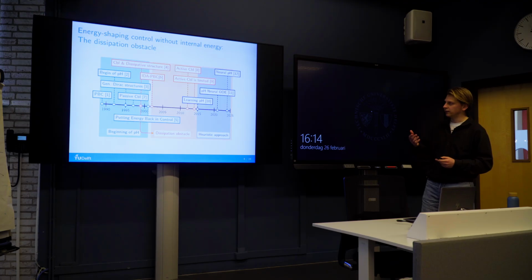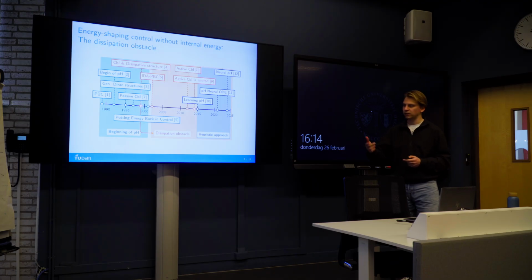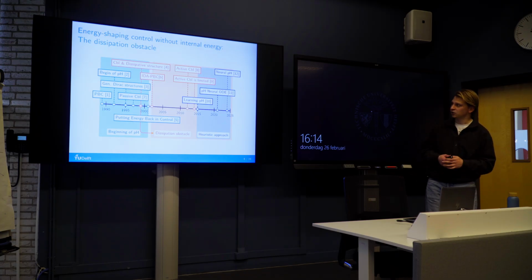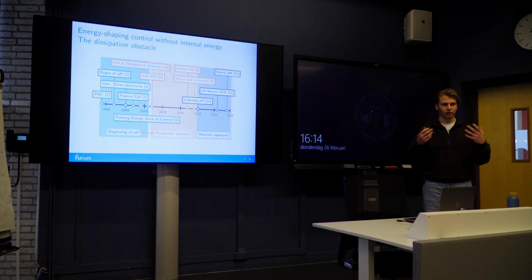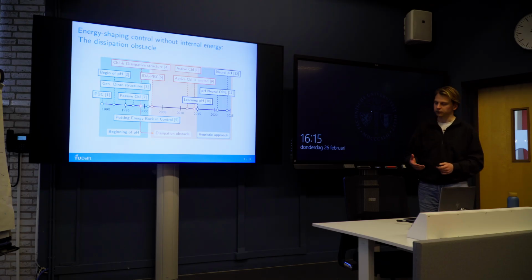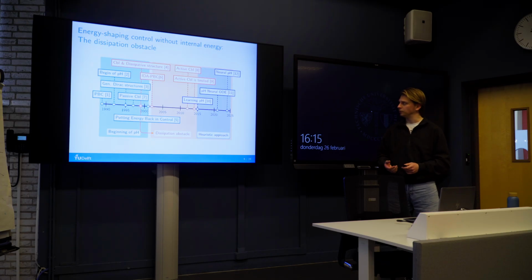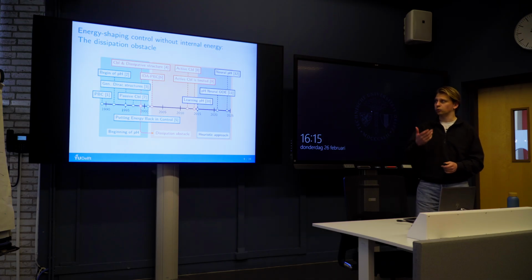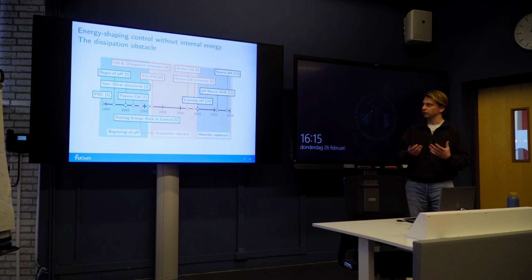They were noticing that their energy-based control methods, PBC, CBI, were not working for systems with dissipation. So that's a huge problem because we are trying to describe dissipative systems. Afterwards, about 10 years of more research went into this dissipation obstacle. In 2012, at the TU Delft, there was a proposal for an active control by interconnection method.